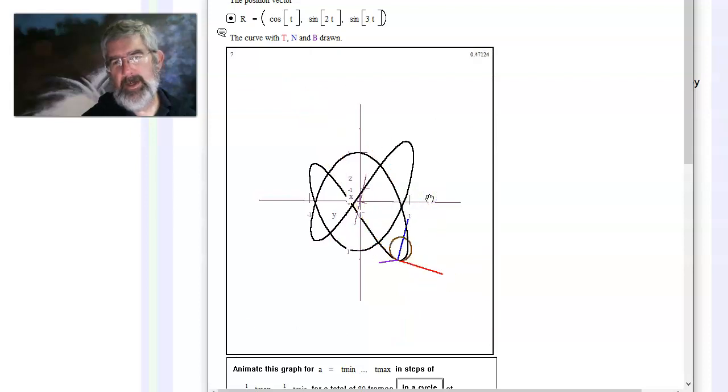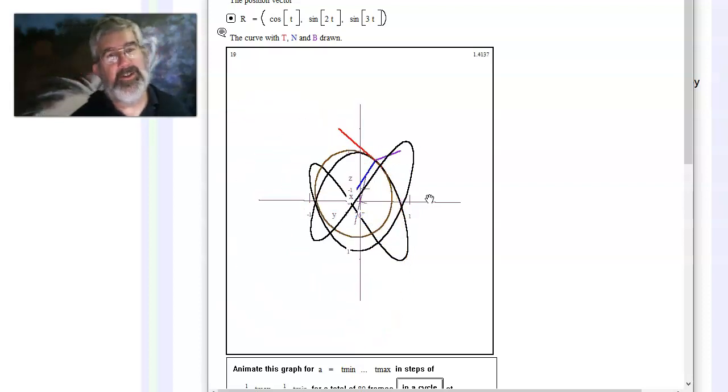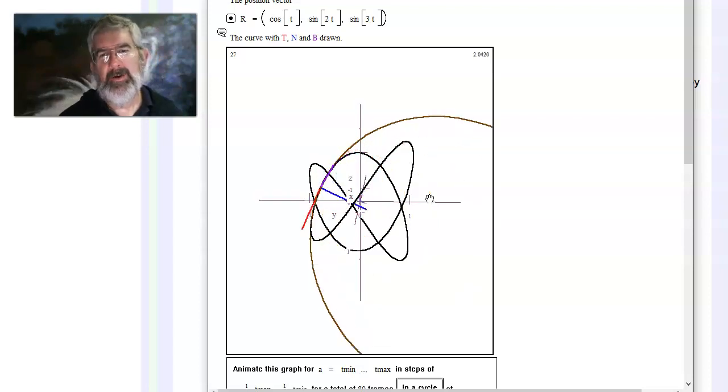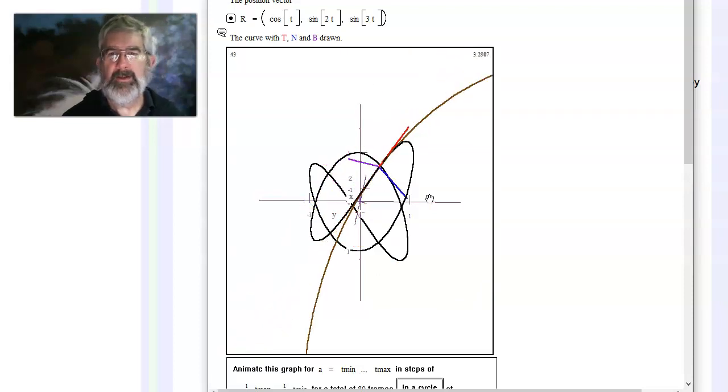I find it kind of interesting in that I've had this file on my faculty website for years, and just as I was preparing to make this video, I realized I was calculating the curvature wrong. So my circles were not the right radius.